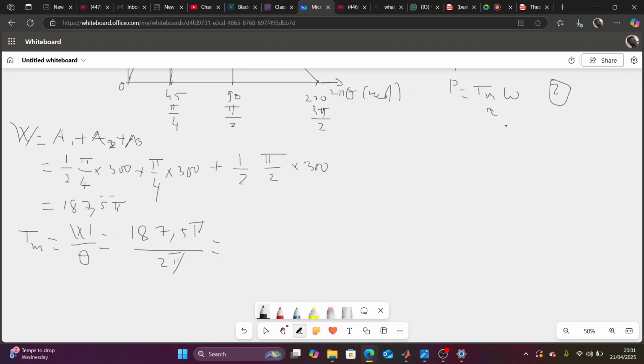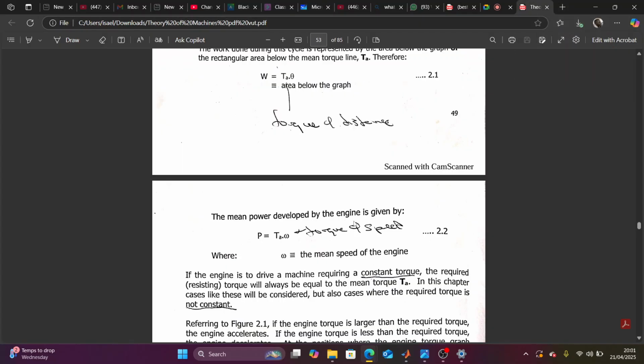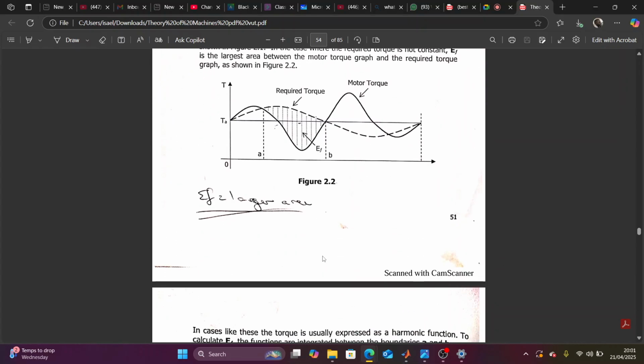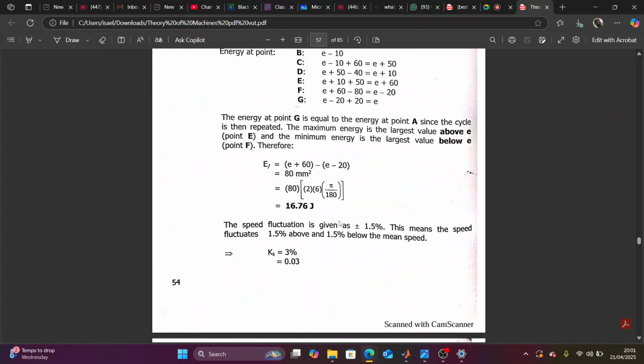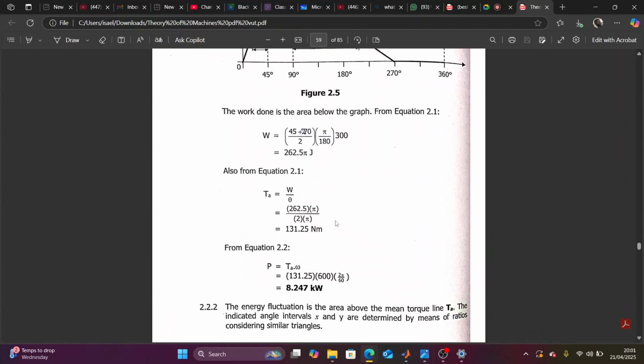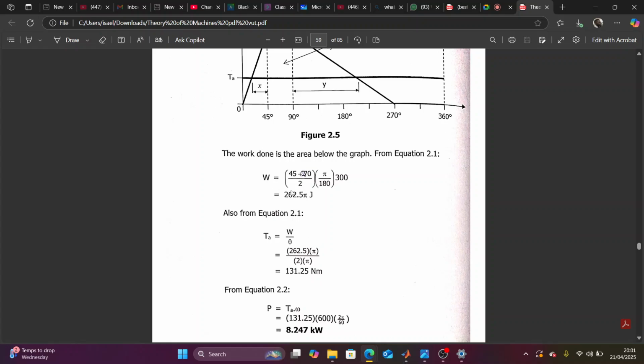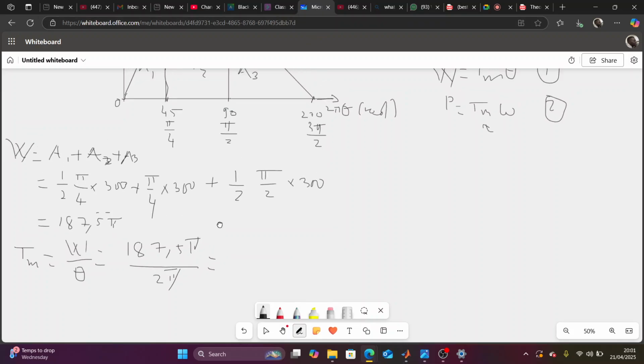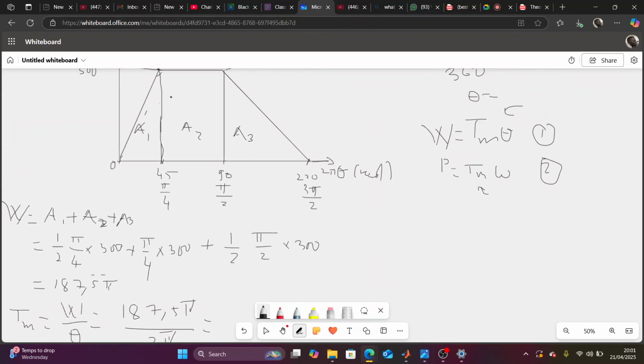Why are we not getting the same answers? What is happening here? The answer is 93.75. Why are we not getting this? Let's try again. It is half base times height.